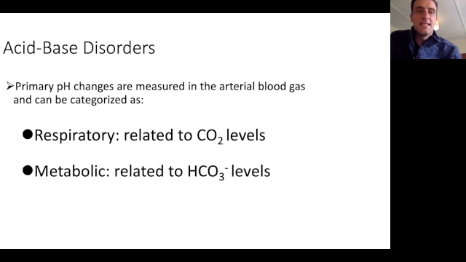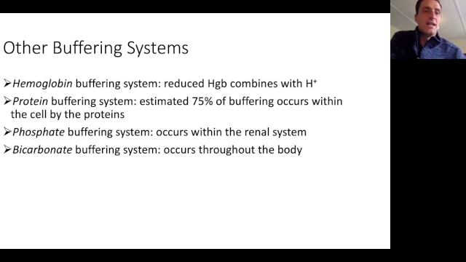So when it comes to acid-base disorders, there are two primary categories that we think about. Respiratory, which is related to CO2 levels, which is on the left side of the balance equation, and metabolic, which is related to bicarbonate levels, which was on the right side of that balance equation. The body does use other buffering systems.